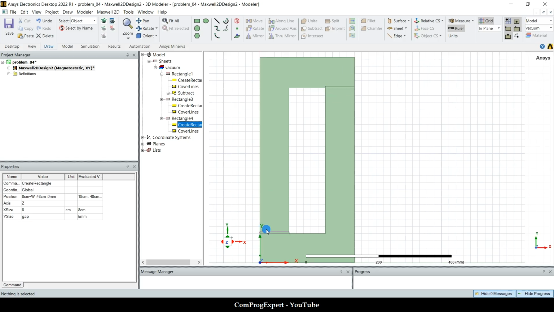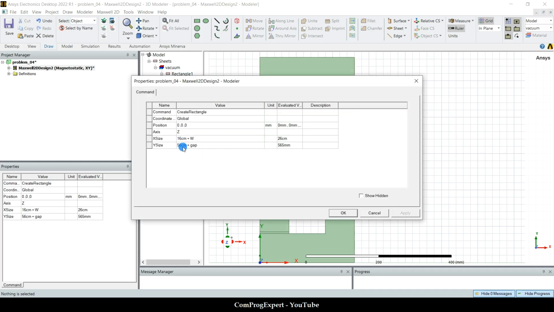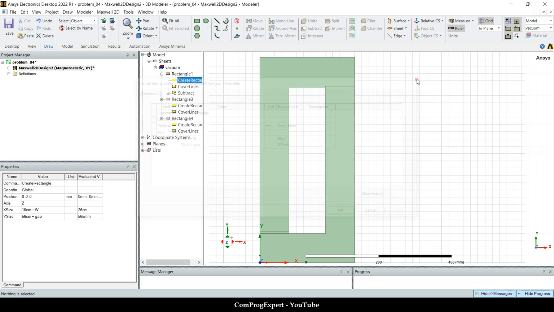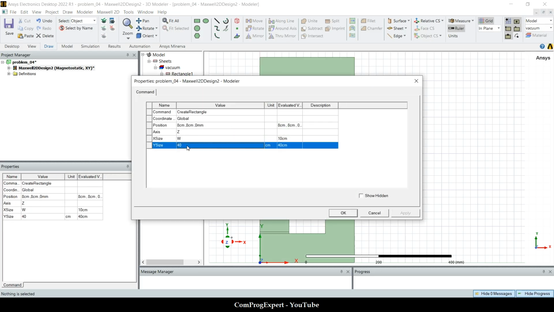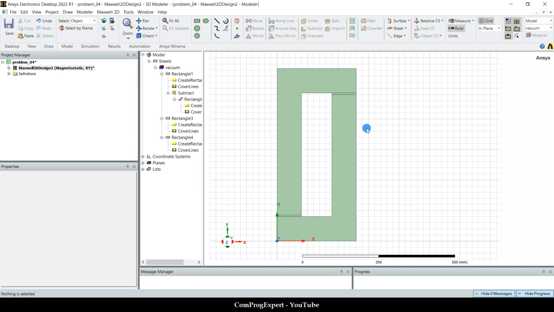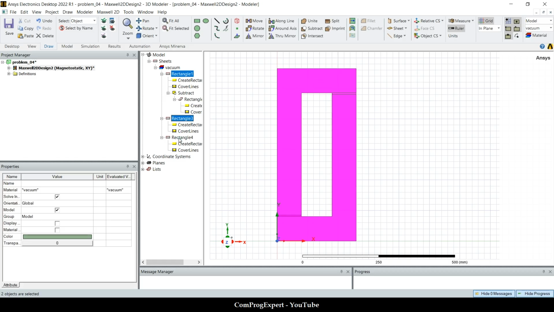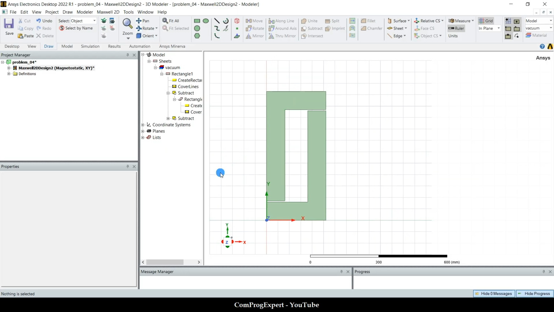So we have one air gap here and one air gap here. This is the first rectangle that we created. This is the rectangle that we subtracted. The y size is 40 centimeters plus the gap. Now I can select these two air gaps and subtract. Yes, the structure we created.